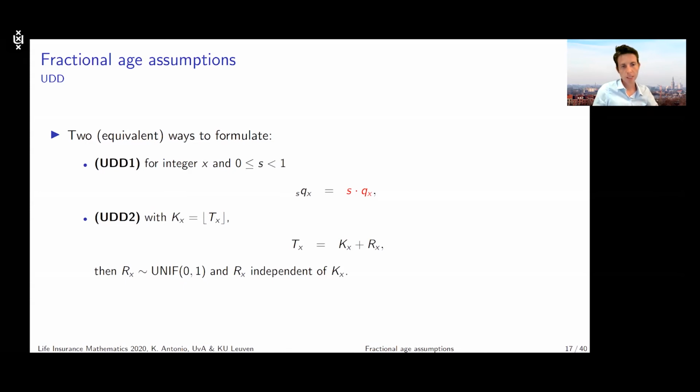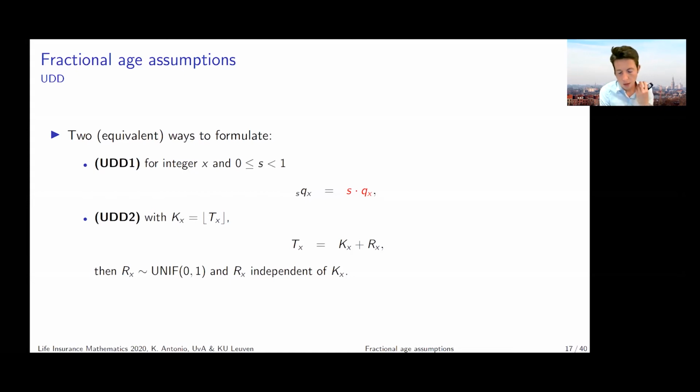Here I assume that I can write T_x, the future lifetime of the x-year-old in continuous time, as K_x, the integer part of T_x, that was the floor function applied to T_x, plus a remainder R_x, and this remainder R_x takes a value between 0 and 1. Under the UDD assumption, it turns out that this R_x will follow a uniform distribution between 0 and 1, and that R_x is independent of K_x. So these are equivalent ways to formulate this assumption.